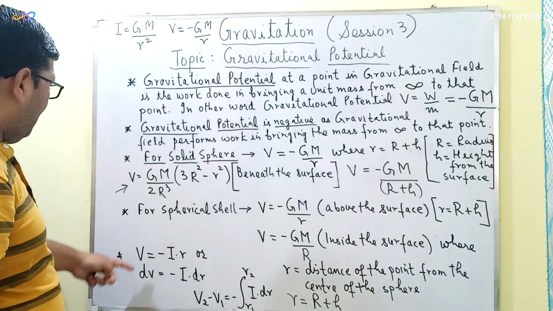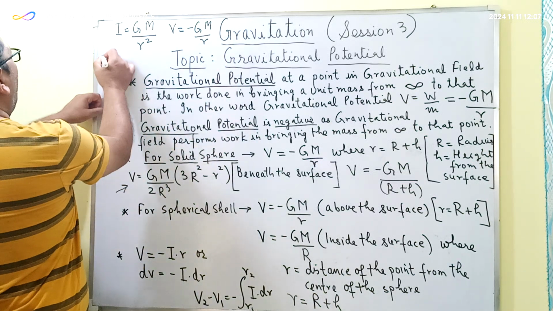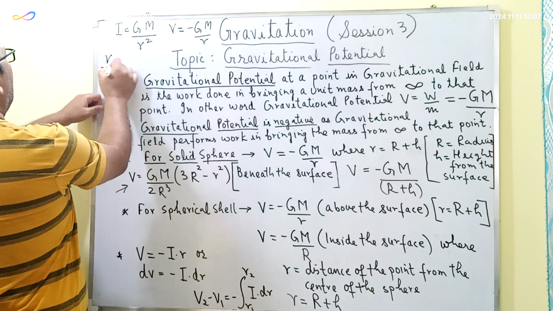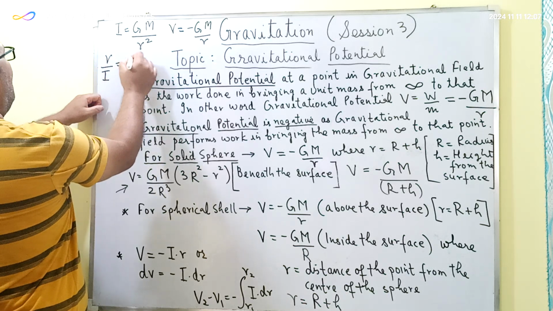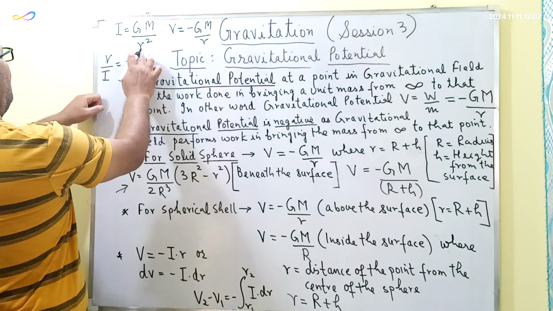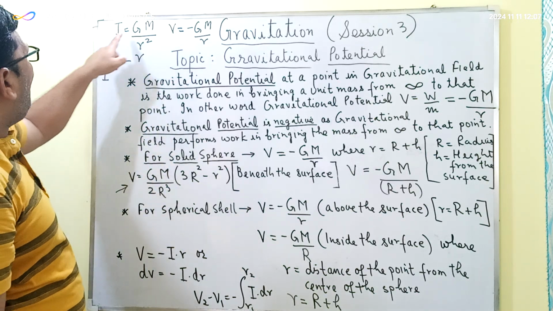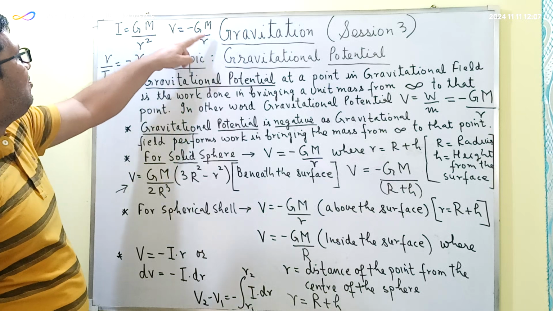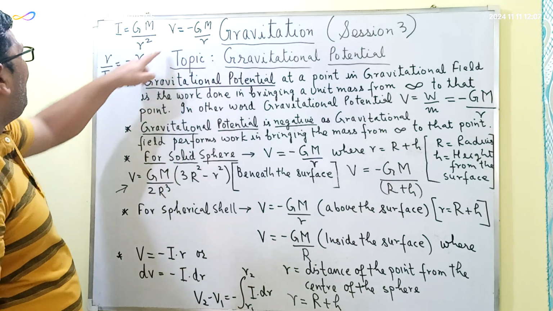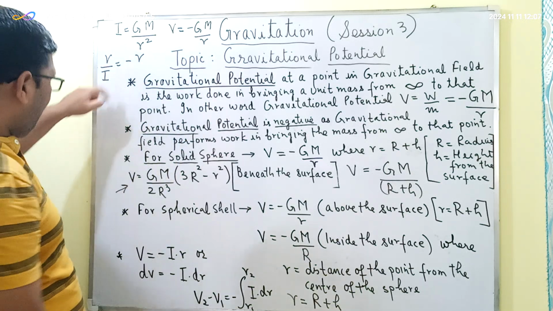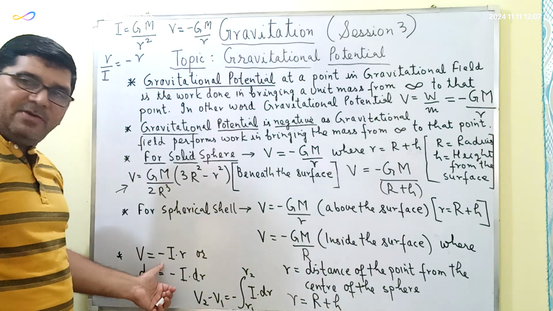So if I take V upon I, it will be equal to minus r. If I is equal to GM by r square and V is equal to minus GM by r, so V upon I will be equal to minus r. This is what I have written here.